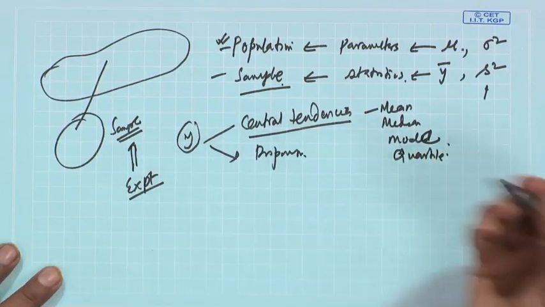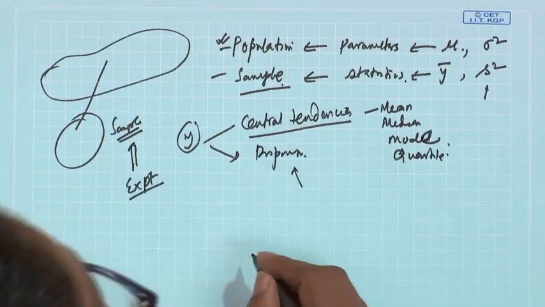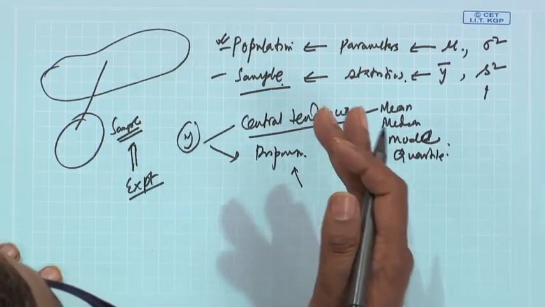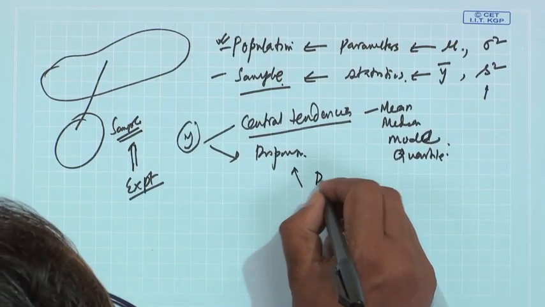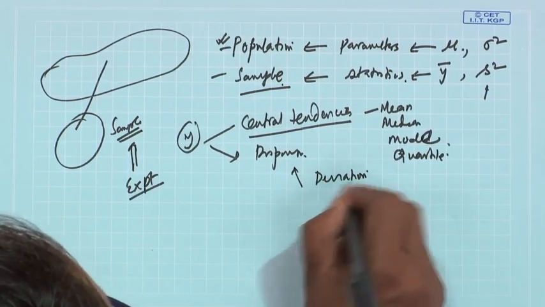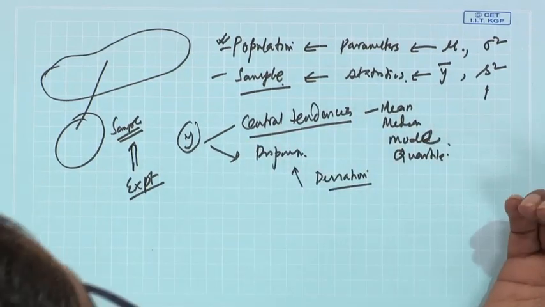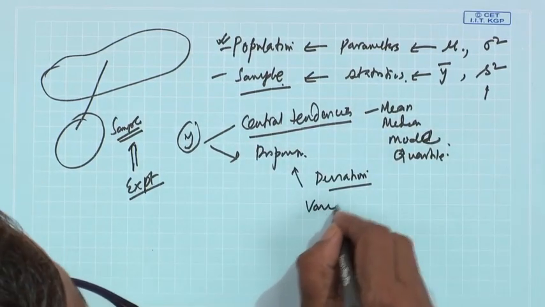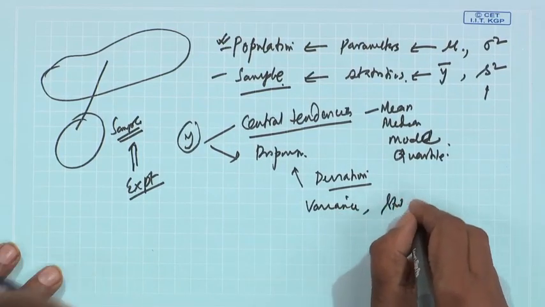Usually there may be percentile, quantile, others. By dispersion, we mean the deviation from the target. If it is deviation from the mean, then it is known as variance. Square root of variance is standard deviation.